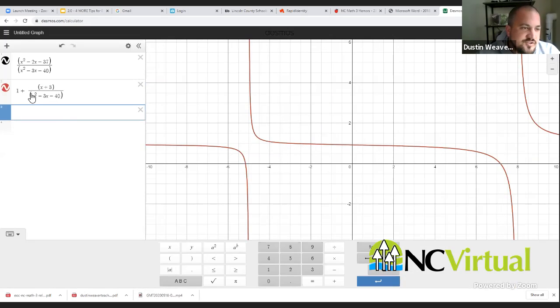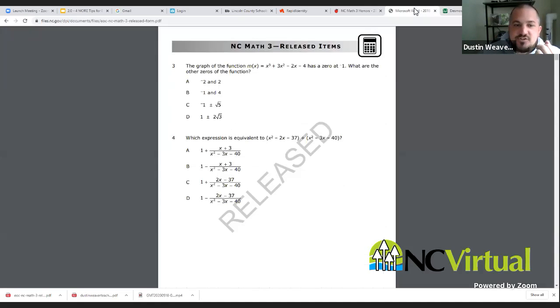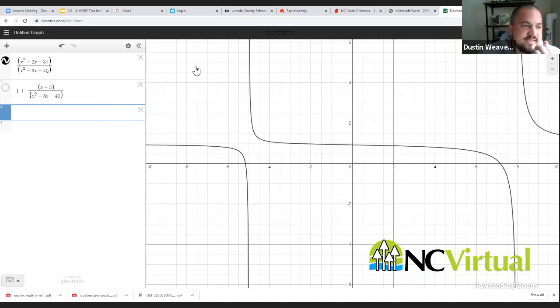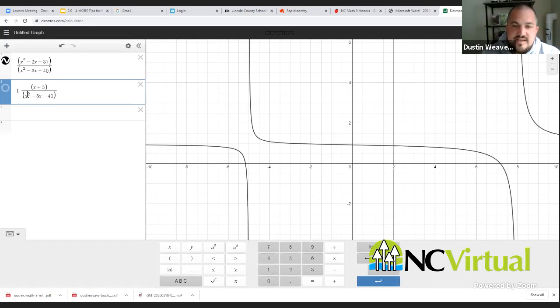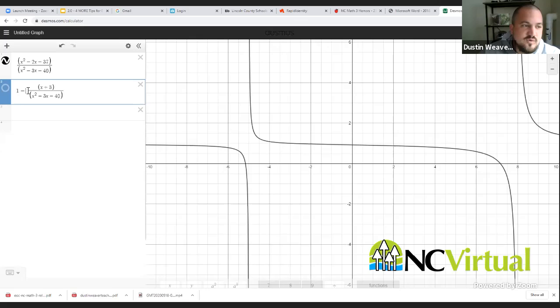This is answer choice A. What I would like for you to see is that if I click away on answer choice A, hopefully you will see that answer choice A goes directly on top of the equation. That means it is the same equation. If I had typed in answer choice B, which is 1 minus this, let's say I change this to 1 minus, then you would see that answer choice B is not the same equation. So it's not equivalent to the equation.